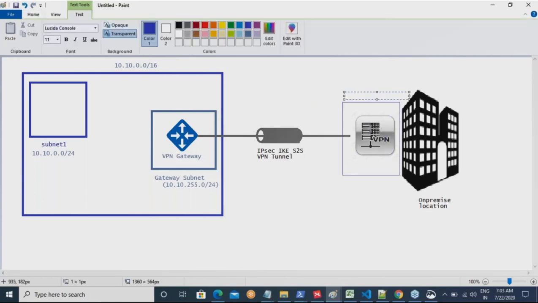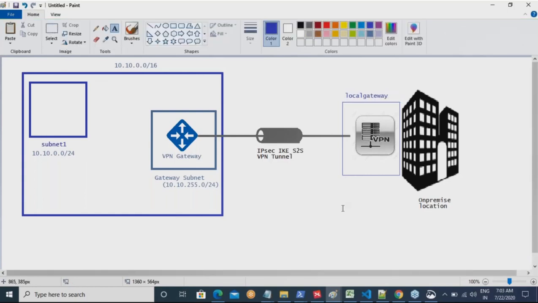So this is referred to as local gateway. Okay. Now, once you create this connection, it helps you in connecting your on-premises to the Azure. But understand one thing, you cannot have network conflicts.